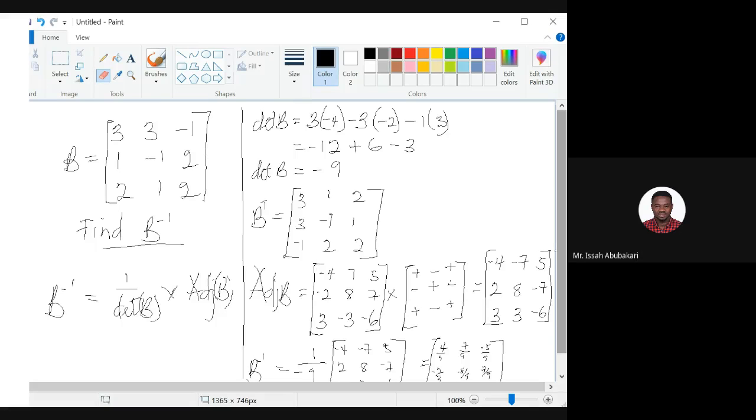How do we solve for the adjoint? Transpose the original matrix, find the determinant of each and every element in the transposed matrix, then multiply by the sign chart, and you get the adjoint of B. Then multiply by 1 over the determinant, and you get the inverse of the matrix. Is that okay? All right. Now let's move on to the next item.